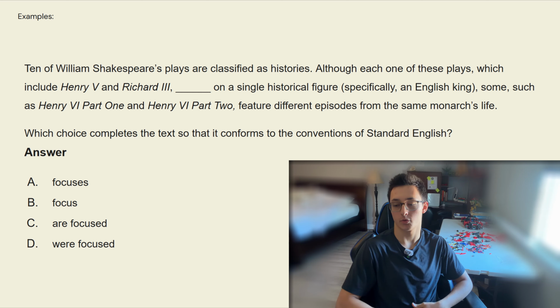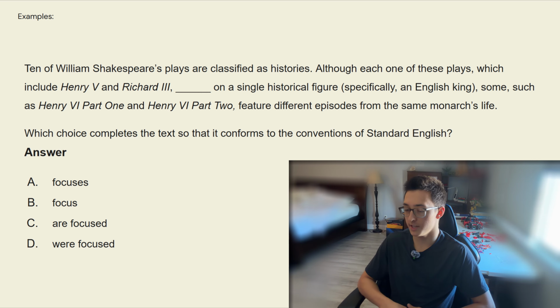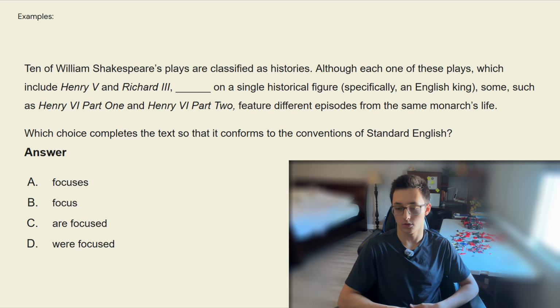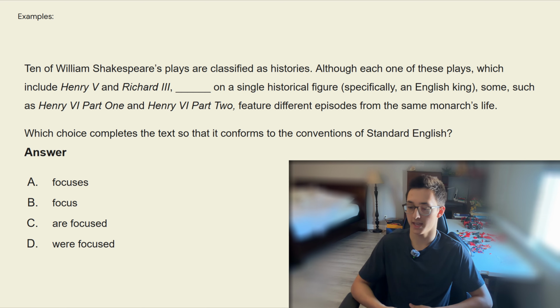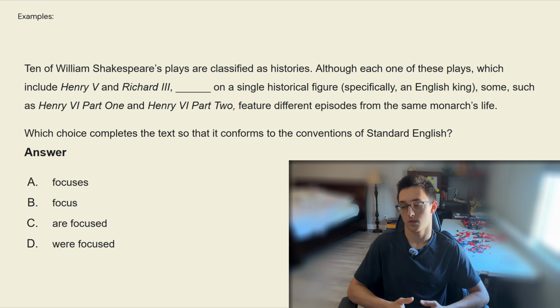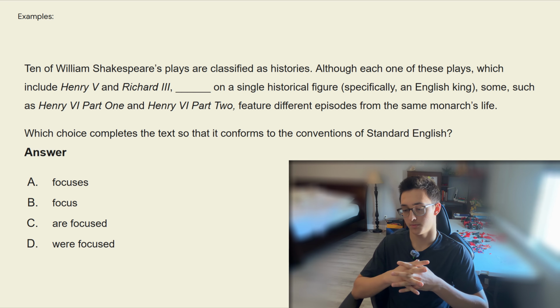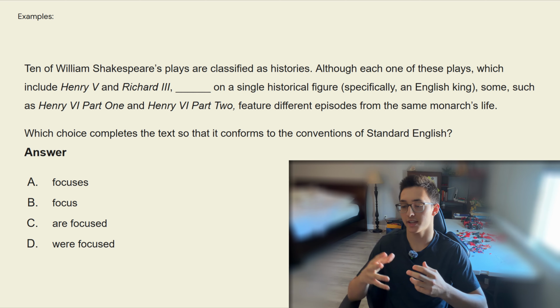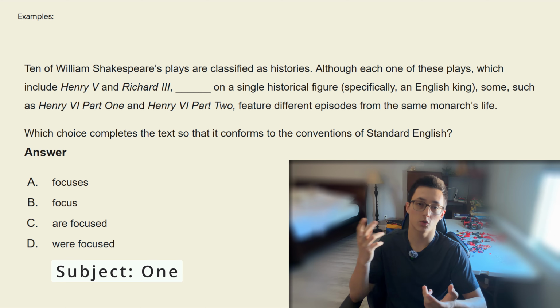So let's read the sentence with the blank in it again. Although each one of these plays, which include Henry and Richard, blank on a single historical figure, blah, blah, blah. So, what is the subject here? You have to identify that the subject is one, or each one.